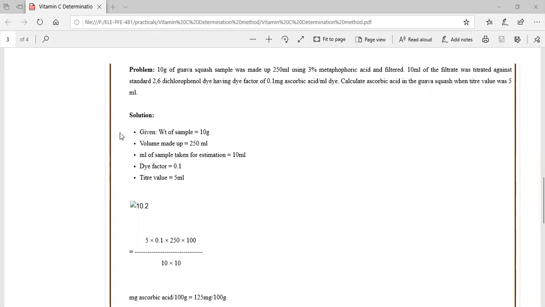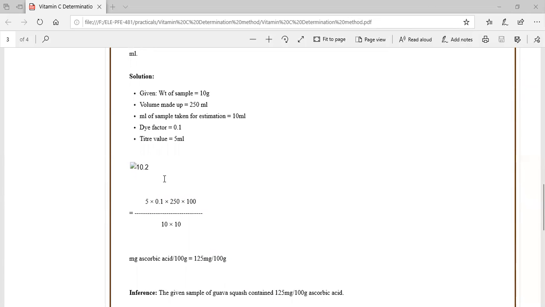The given data here: weight of the sample is 10 gram and volume made up is 250 ml. The ml of sample taken for the estimation is 10 ml. Dye factor is 0.1 and the titer value is 5 ml.